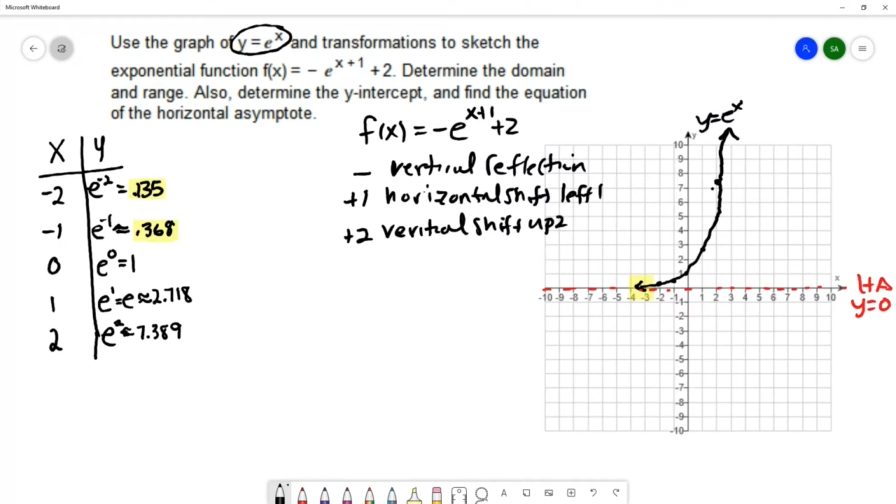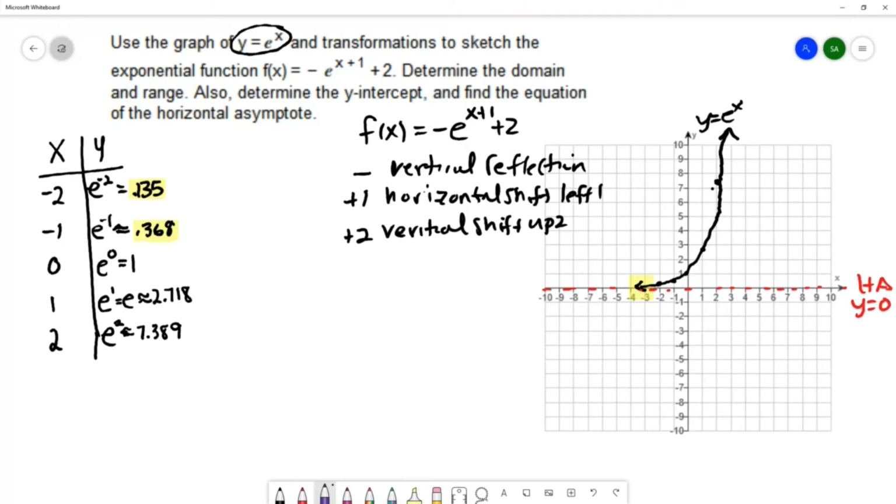So we're going to take the points that we had on the graph of e to the x, and move them to their new position. It's probably easiest to start with that point 0, 1. I think of that as sort of an anchor point of the graph because it's crossing through the y-axis.